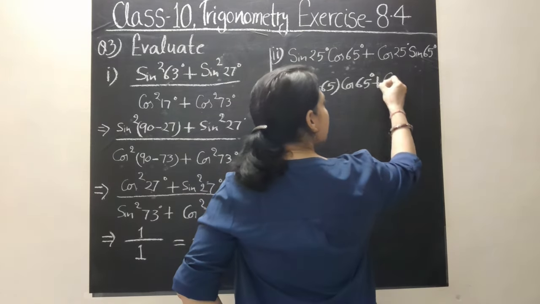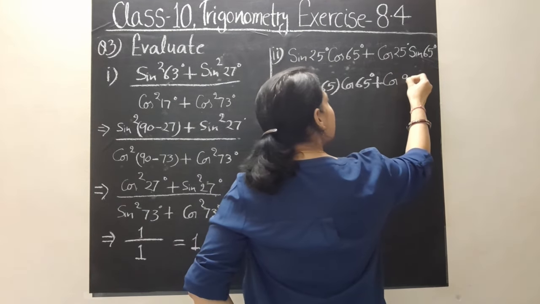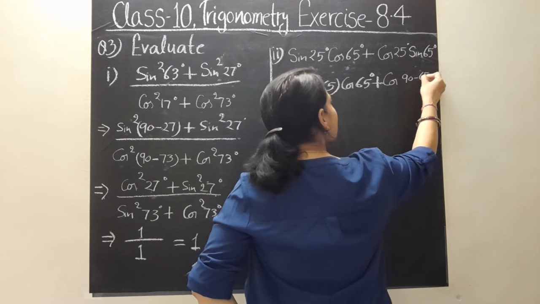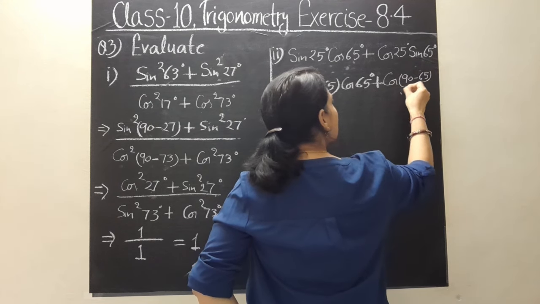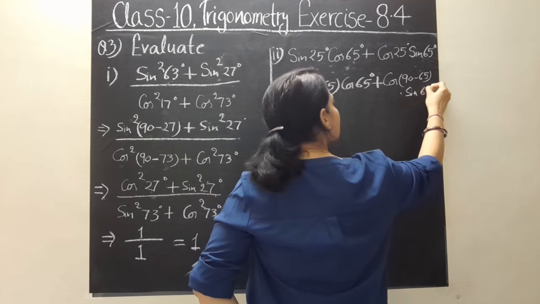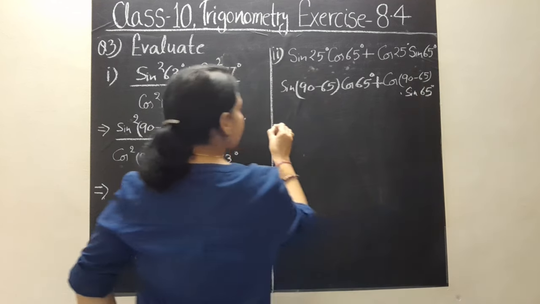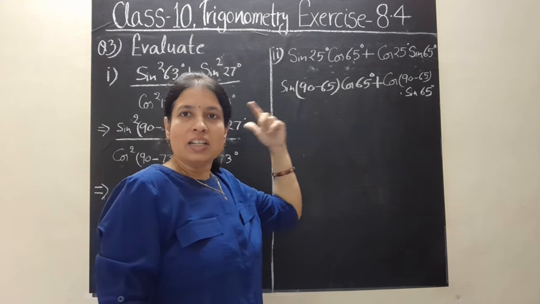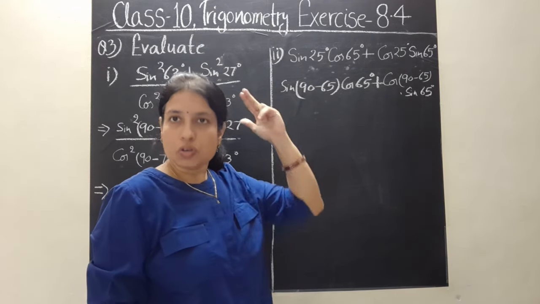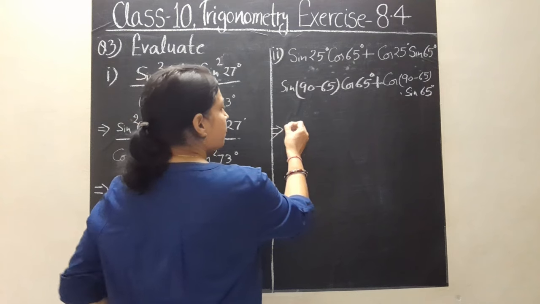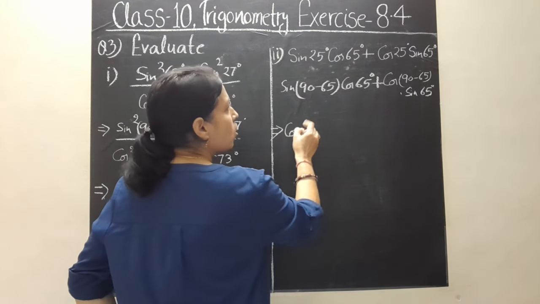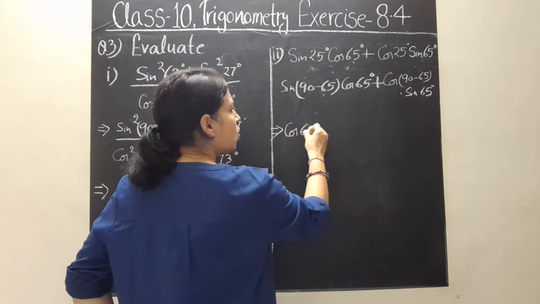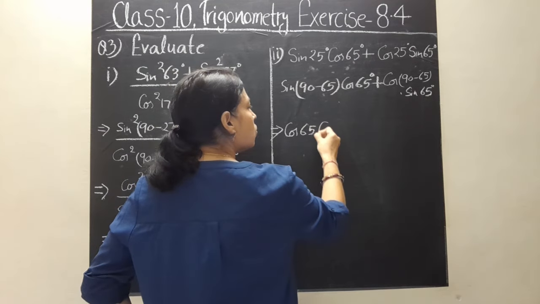So write cos 90 minus 65 into sin 65 degree. Then what is the value of sin 90 minus A? Yes, sin 90 minus A is equal to cos A. So this becomes cos A, A is 65. So write cos 65 into cos 65.